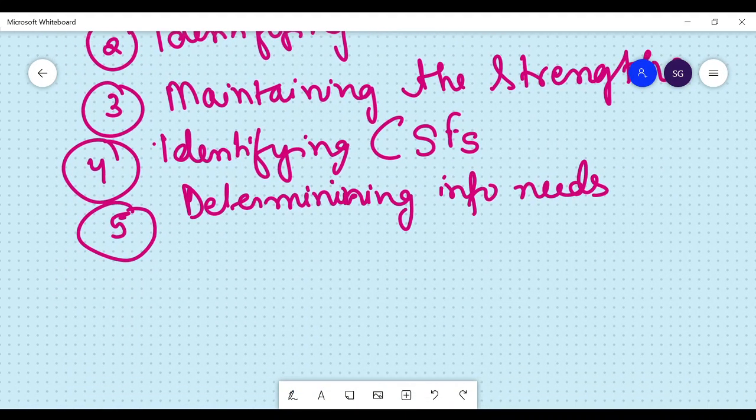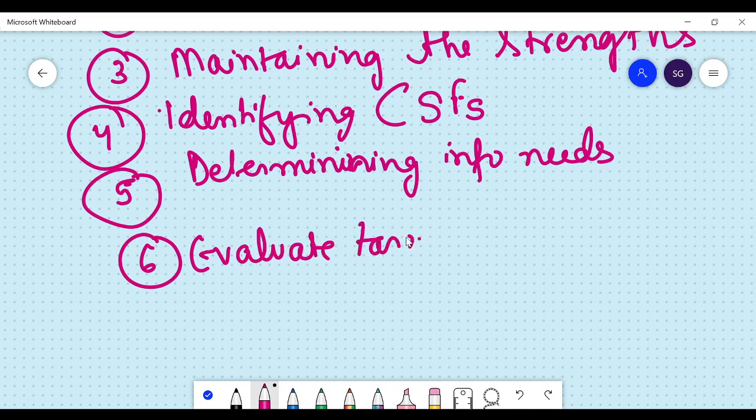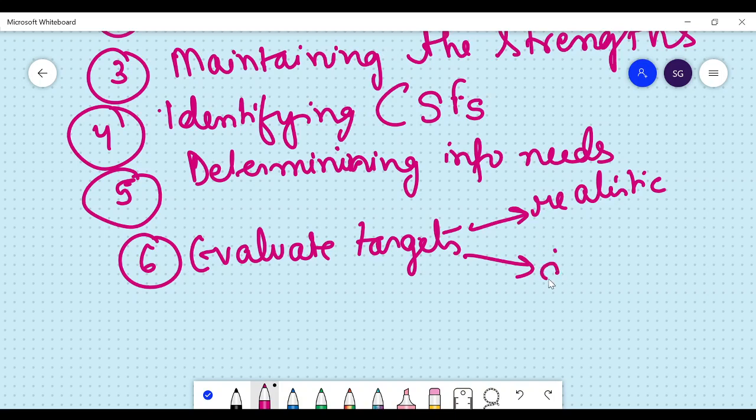And the last advantage of SWOT analysis is evaluation of targets. We see here that they are realistic and achievable. So these are the advantages of SWOT analysis.